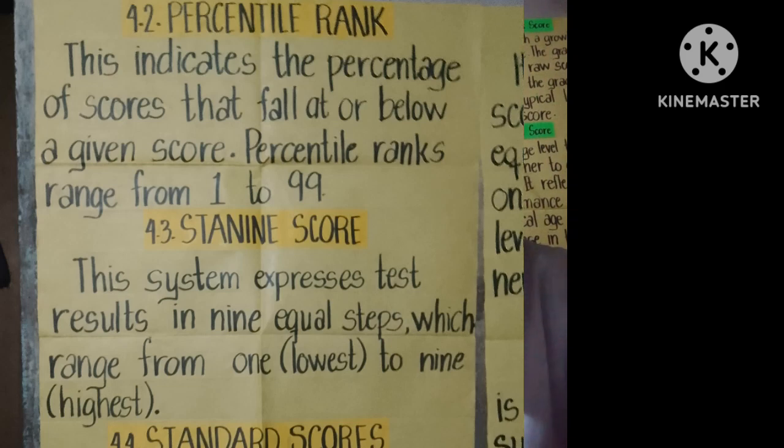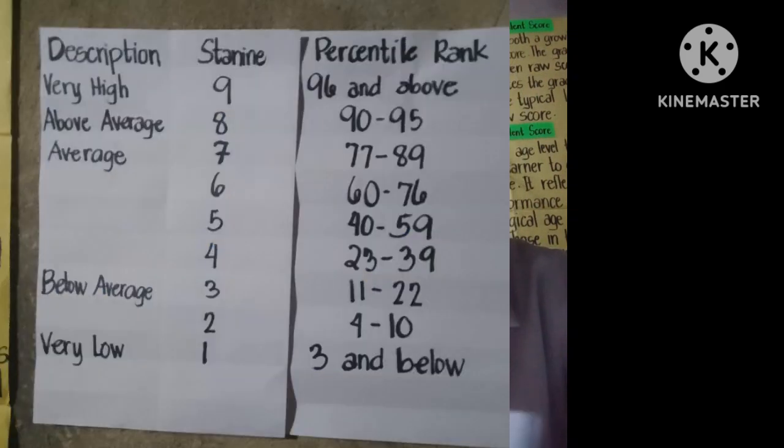So, description, Stanine, percentile rank, as we read. Very high is equal to 9, 96 and above percentile rank. Above average: 8, 90 to 95 percentile rank; 7, 77 to 89 percentile rank. Average: 6, 60 to 76 percentile rank; 5, 40 to 59 percentile rank; 4, 23 to 39 percentile rank.